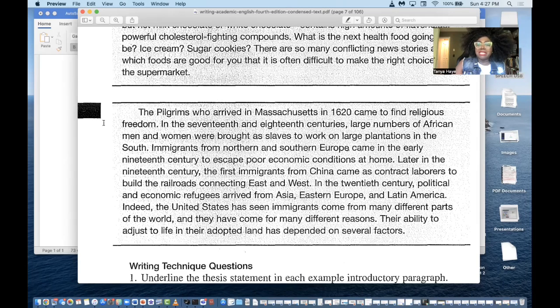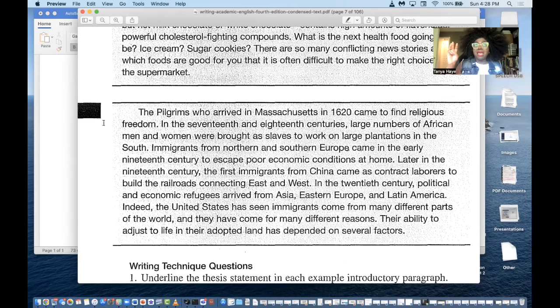In the 20th century, political and economic refugees arrived from Asia, Eastern Europe, and Latin America. Indeed, the United States has seen immigrants come from many different parts of the world, and they have come for many reasons. Their ability to adjust to life in their adopted land has depended on several factors.